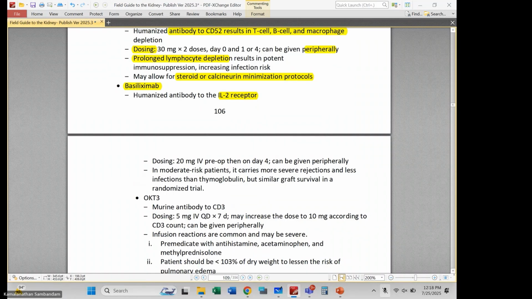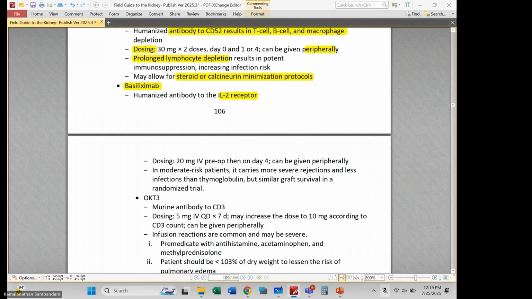That's a simplistic view, but a T cell population that's activated can be expanded through the effects of IL-2. And so if I block IL-2 with basiliximab, I simplistically am blocking the expansion and activation of this T cell population that might be involved in rejection. This is considered light touch induction.